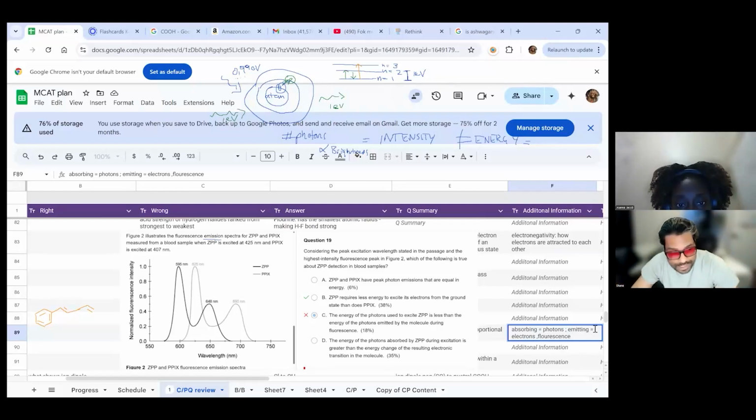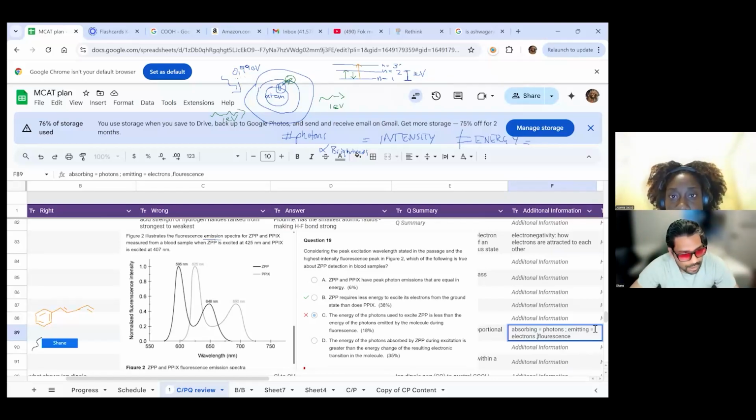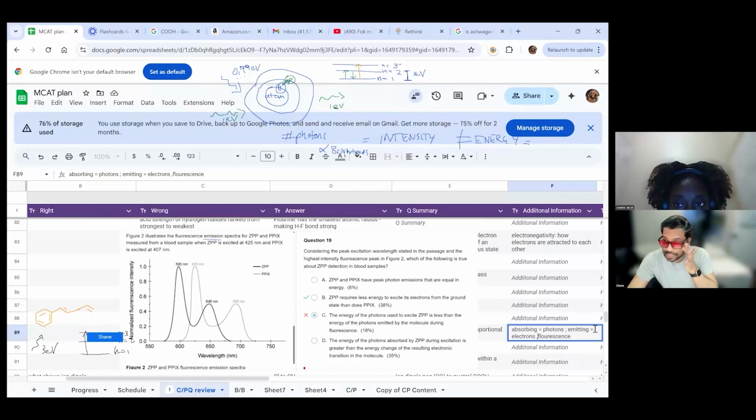What happens with fluorescence is, let's just say that the highest energy level that this photon can reach is n is equal to 3, right? But let's say that it's 3 electron volts, okay? So this guy can absorb 3 electron volts, and it'll excite the electron from n is equal to 1 up to n is equal to 3, the outermost shell.